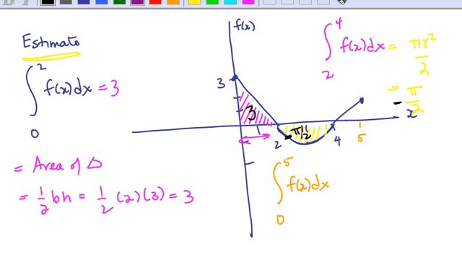And then let's do the last area in gray. So that is an area of a triangle, which is 1/2 base times height. So 1/2, the base is 1, and the height, let me just estimate that. I know I don't have a great graph, I'm just going to call that 2.